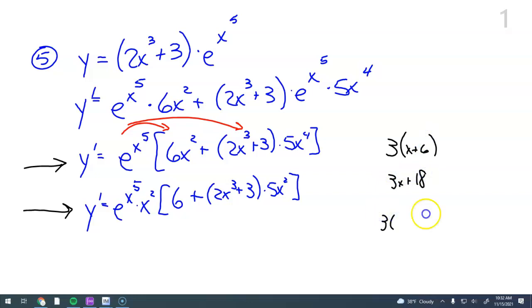Well, if you reverse distribute, you're really dividing. What's 3x divided by 3 is x. 18 divided by 3 is 6. So I'm dividing this entire thing by e to the x to the 5th, which makes it cancel. And it's out here instead. But I'm also dividing this entire thing by e to the x to the 5th, which makes it cancel. You know what I'm saying?